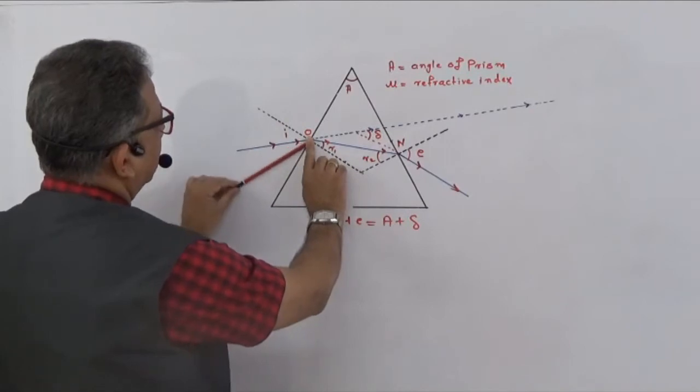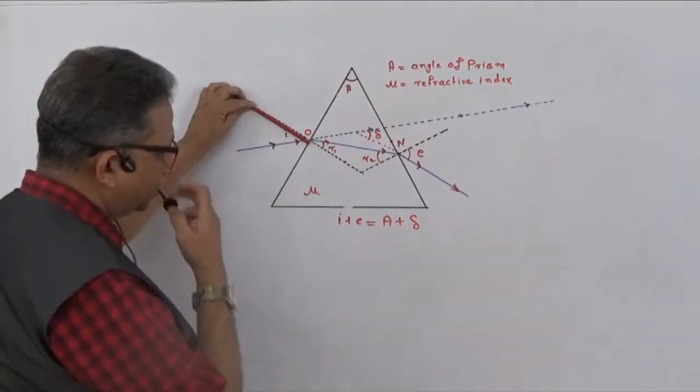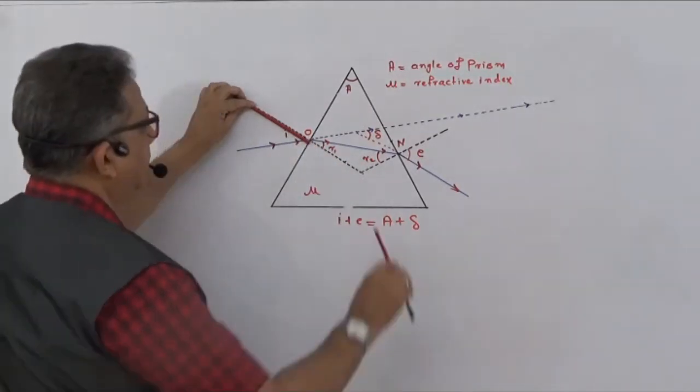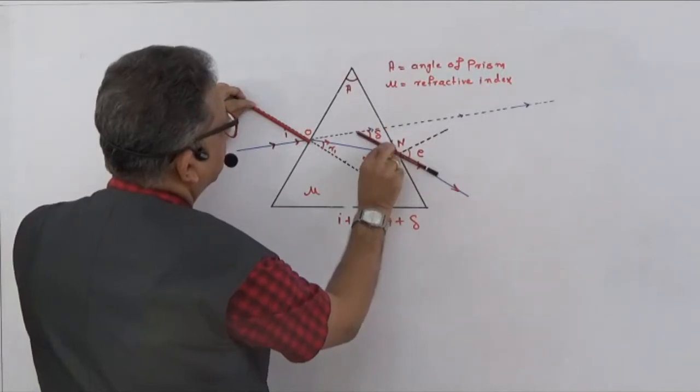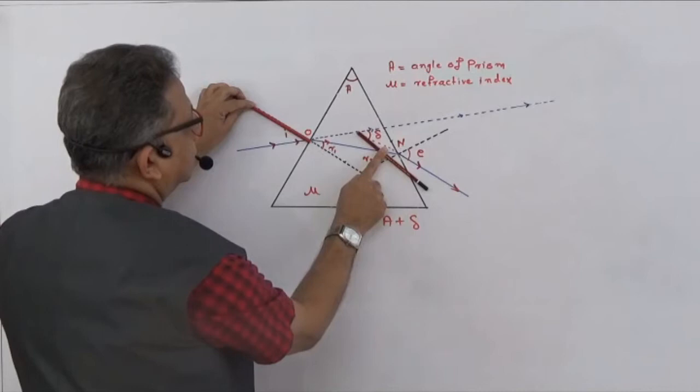So let us assume that it is starting from 0, and let us consider this as the angle of deviation. Initially this is the angle of deviation, this is the position.